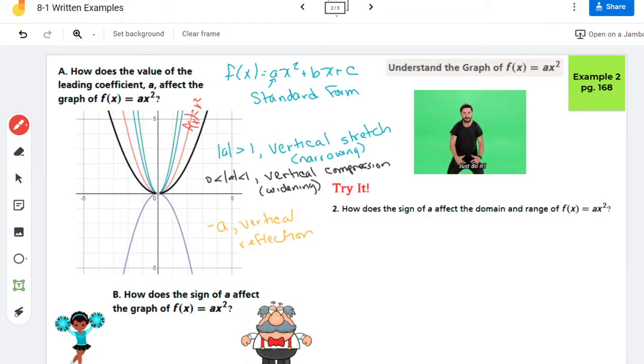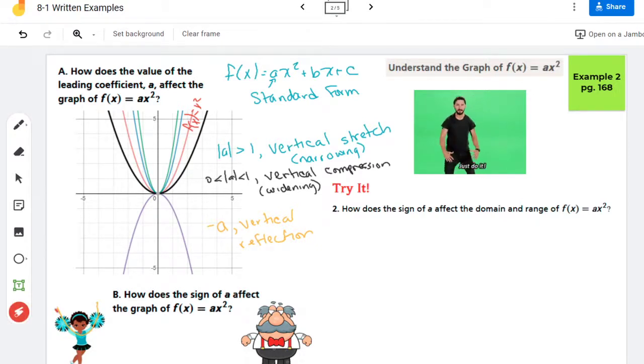So part B here, it says, how does the sign of A affect the graph of f of x equals ax squared? And so I touched on it here where when it was negative, it was a vertical reflection, and our positive values had it open up. So the way that I remember that idea is I think about a cheerleader and a grumpy old man. So a cheerleader is positive, right? See her? She's like, yay!